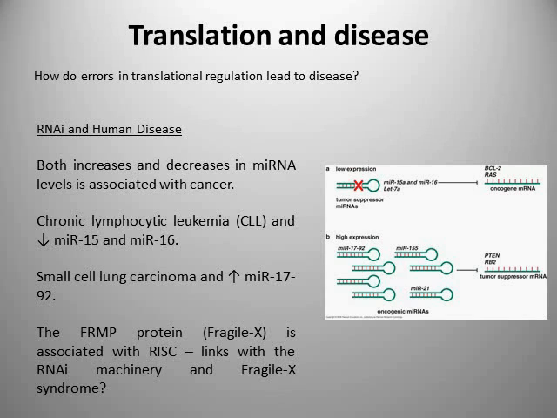And also examples where increases in the levels of a microRNA can result in cancer, such as small cell lung carcinoma. And the current thinking is that these particular microRNAs, so for example microRNA 15, are probably acting as repressors for oncogenes.